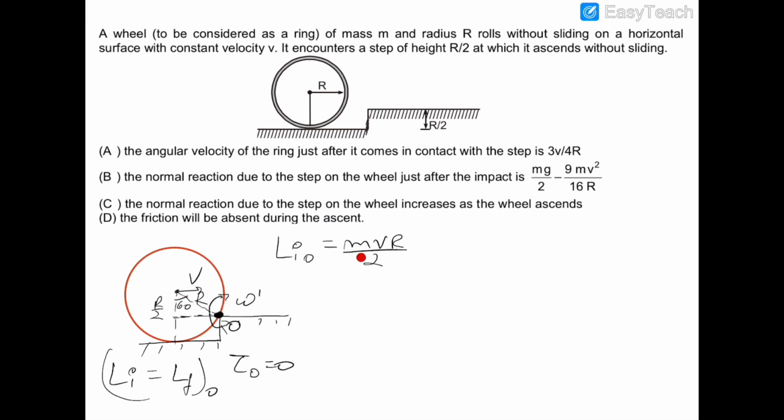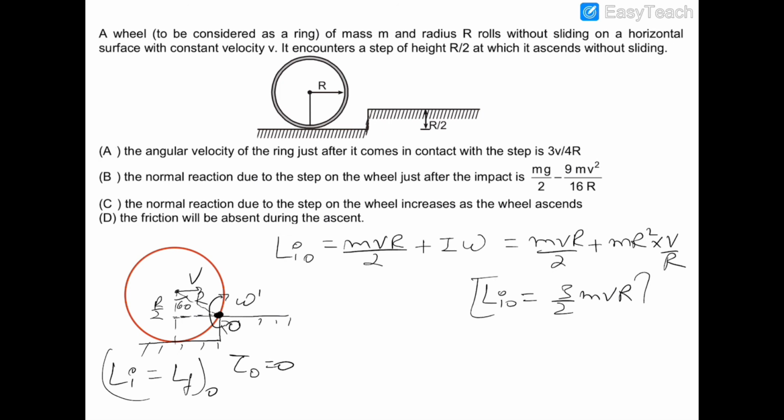So translational angular momentum is mvr by 2 in clockwise sense, and this is the rotational angular momentum of the ring about its own center, I omega. So this is mvr by 2, and I is mr square into omega, which is v by r. So this is 3 by 2 mvr, the initial angular momentum of the ring about point O.